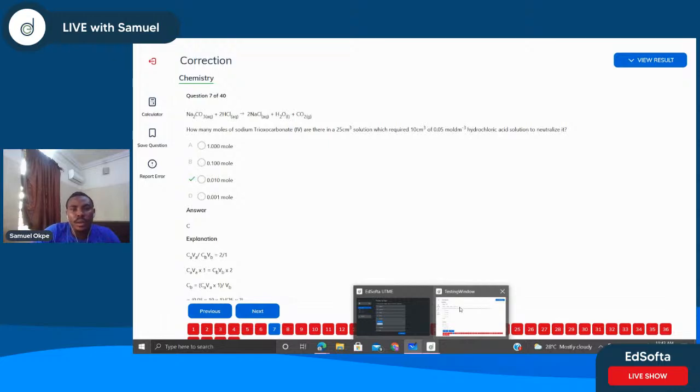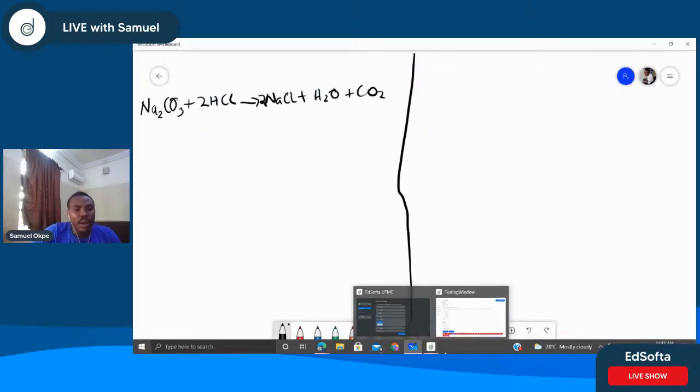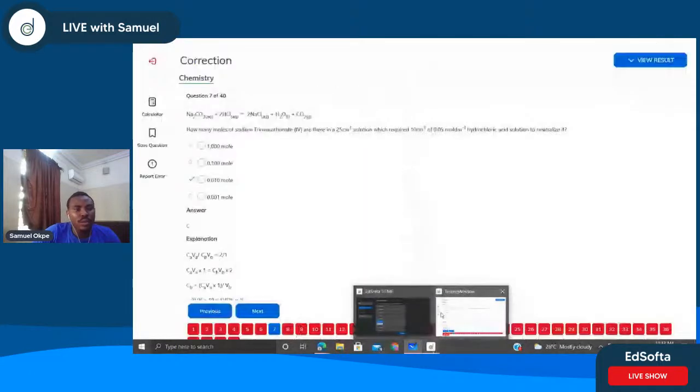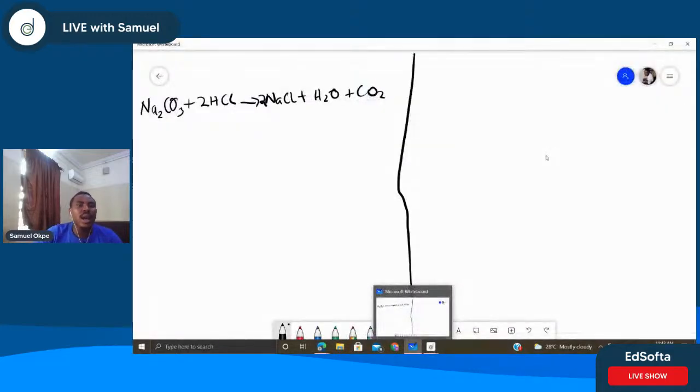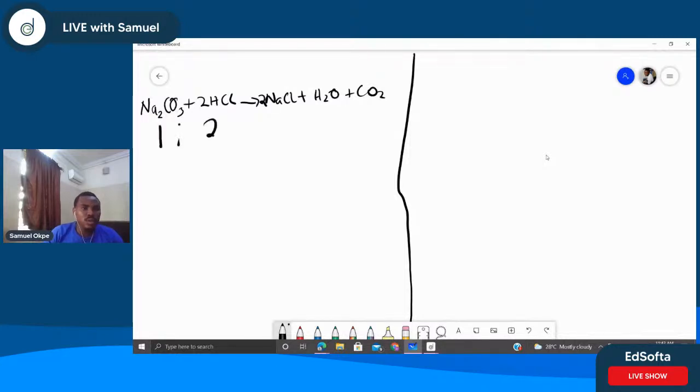So we are finding the moles of sodium carbonate. For this question we don't really need to go so far. First we need to write our mole ratios. So what's our mole ratio here? We have 1 to 2 to 2 to 1 to 1.